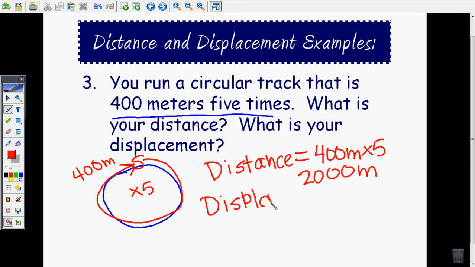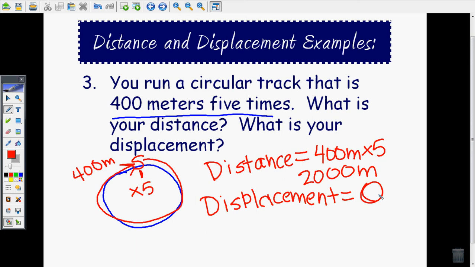You're going around a circular track, so every time I'm ending right back here where I started. So your displacement is 0. So if you're running in a circular track, you're always going back to the start spot. So your displacement will be 0.